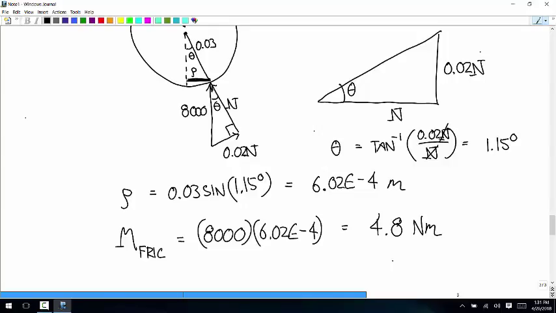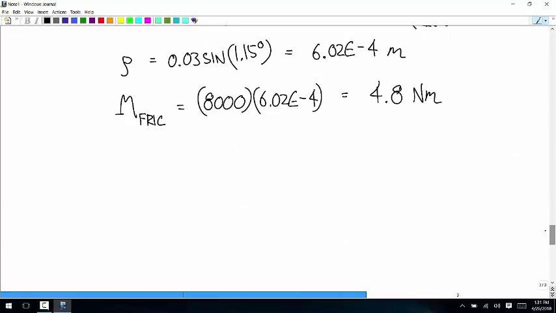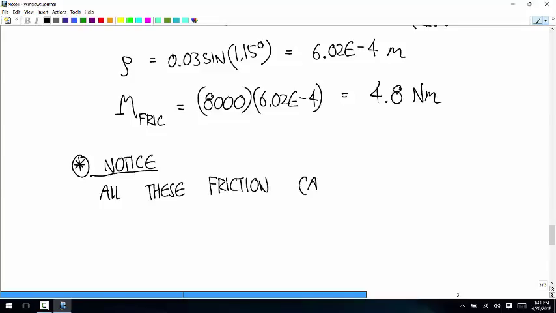But now I'm going to tell you something that's a little sad about this. Notice all of these friction calculations are assuming that the force of friction is equal to the coefficient times the normal force.